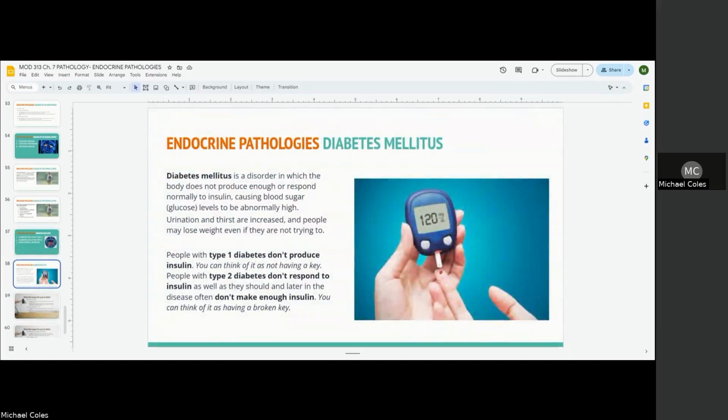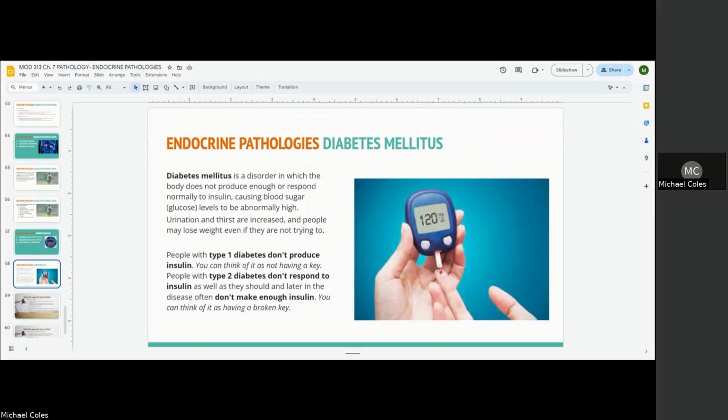So diabetes mellitus, not insipidus, mellitus, is the pancreas has a problem producing insulin, and glucose gets too high. Too much glucose gets into the bloodstream and not pulling into the cell. So insulin is the key, like an usher at a church is going to put you in your seat, right?